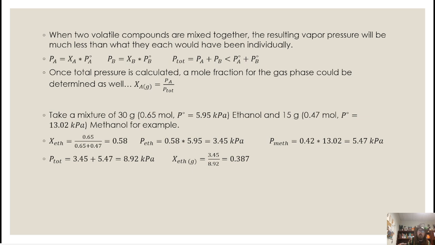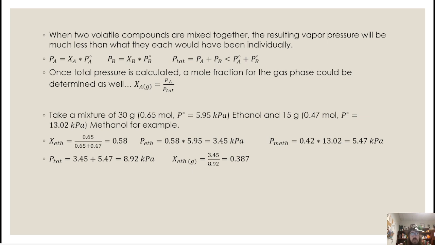The idea that we can separate two things of different boiling points, of different vapor pressures, based on fractional distillation. Some portion of A will evaporate and some portion of B will evaporate, but maybe more of A evaporates first, and then over several distillations you can purify A from B.